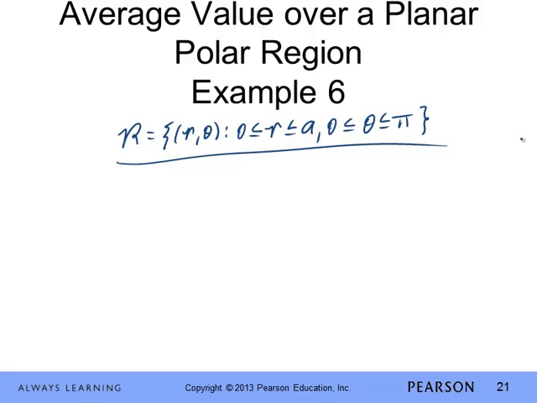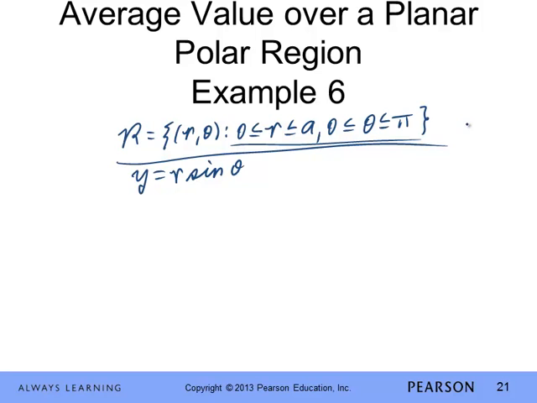But what is it that you're actually integrating? You're integrating the y value, the y coordinate, I mean. But remember that y is equal to r sine theta. So you're going to integrate y, in other words, integrate r sine theta over this region here, and then divide by the area of that region.